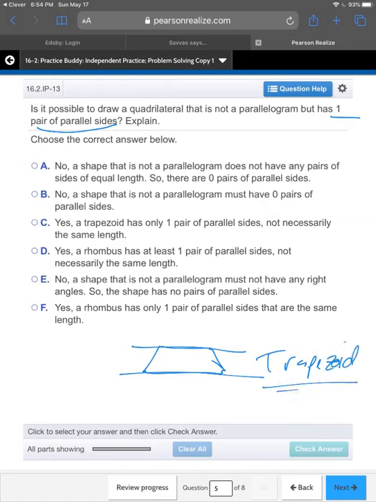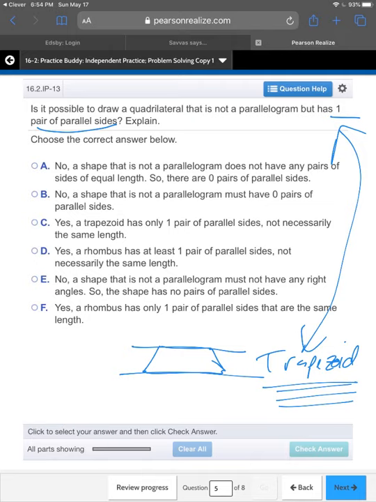One pair of parallel lines is a trapezoid. So is it possible to draw a quadrilateral that is not a parallelogram but has one pair of parallel sides? A trapezoid is not a parallelogram, but a trapezoid does have parallel sides.